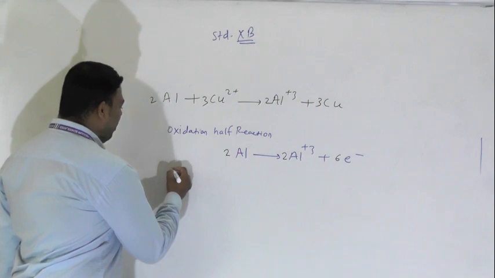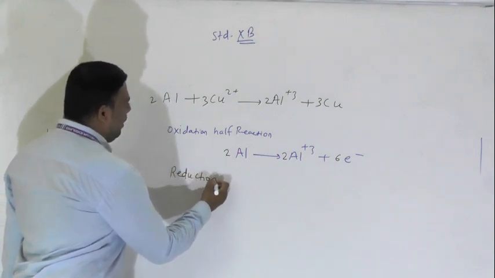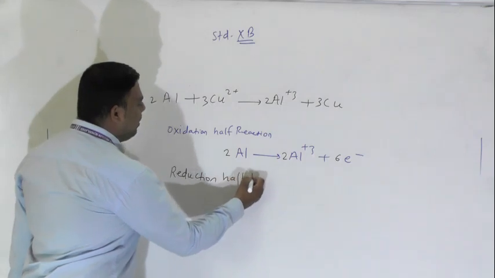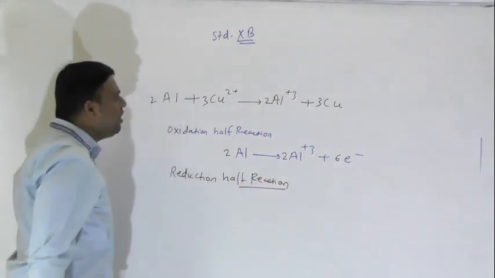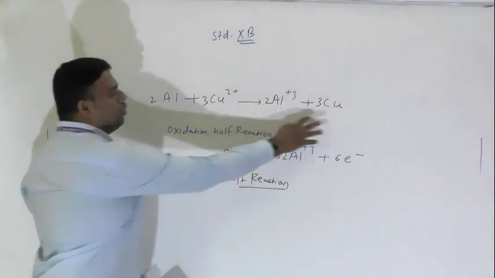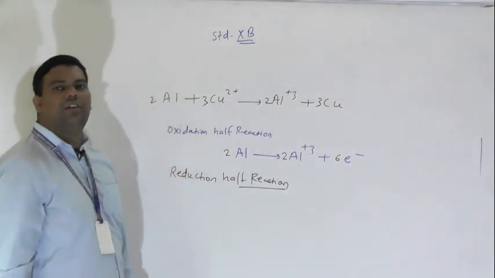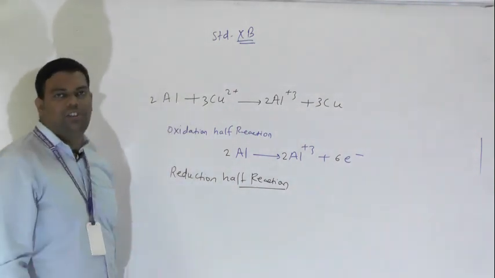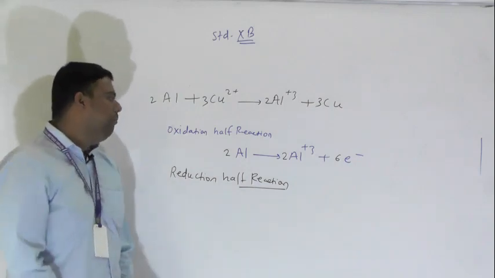Now see here, the reduction half reaction. In the reduction half reaction, see here +2 to 0. So here +2 to 0 is obviously reduction, because there is a decrease in oxidation number.